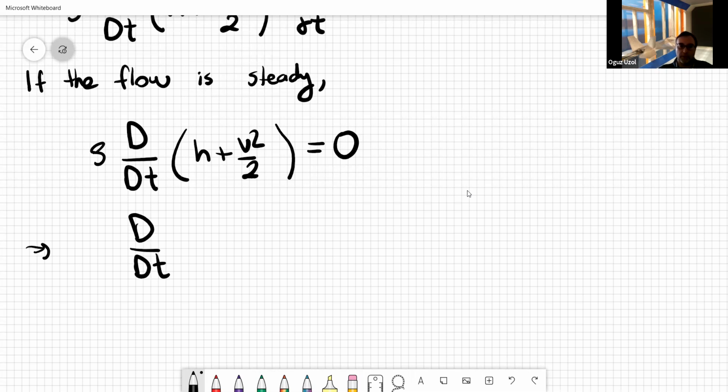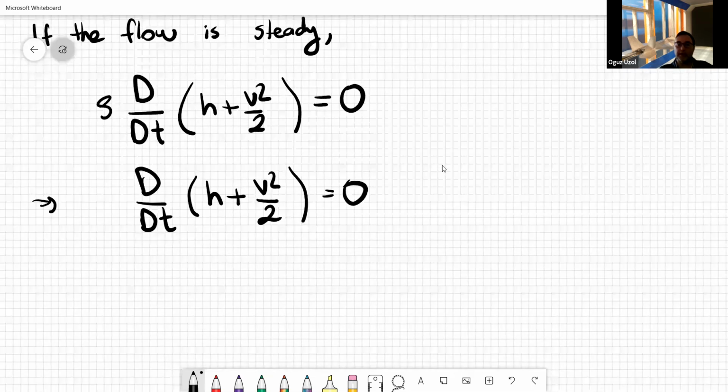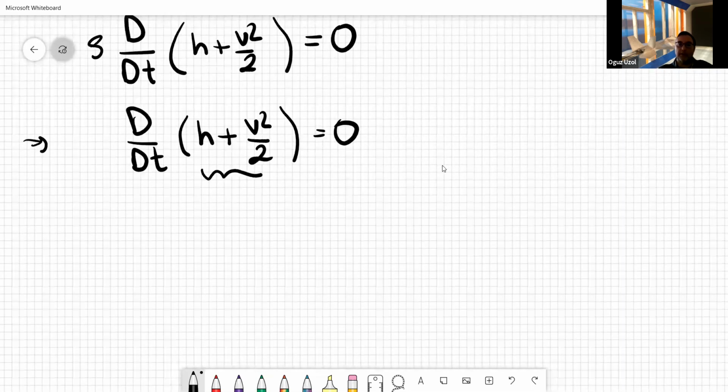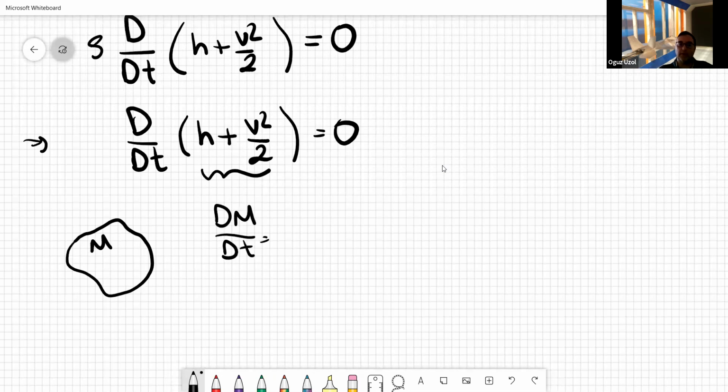This term must be zero in order to satisfy this equation. Now this equation tells me another story about the fluid particle that we were talking about. It does have a mass, it moves around, and we said its mass was conserved. So we wrote that equation, we called it the continuity equation.